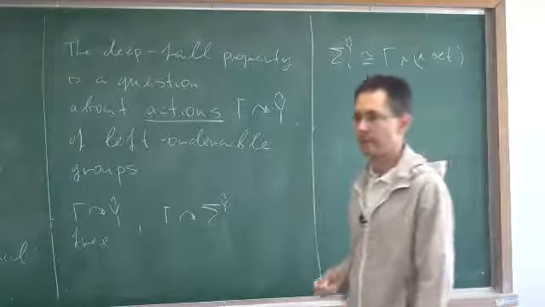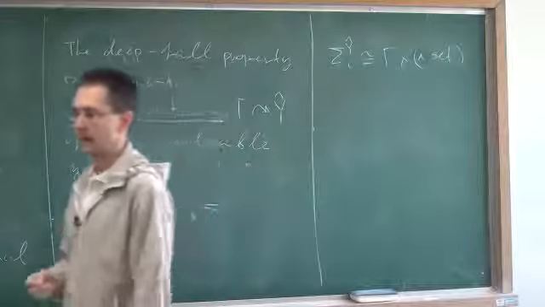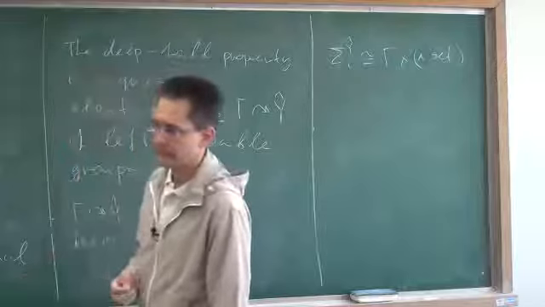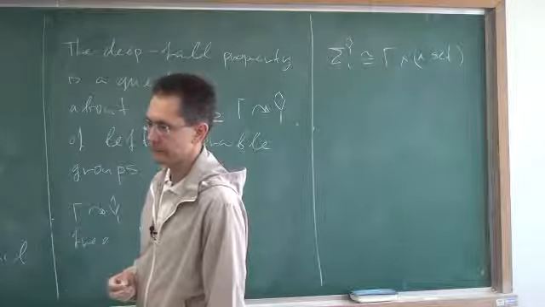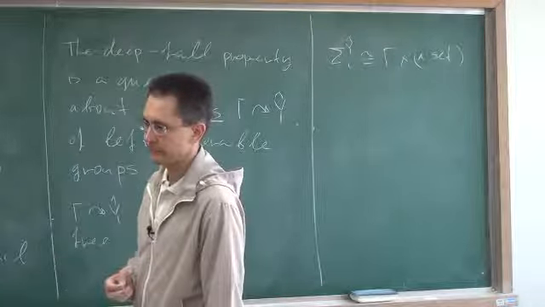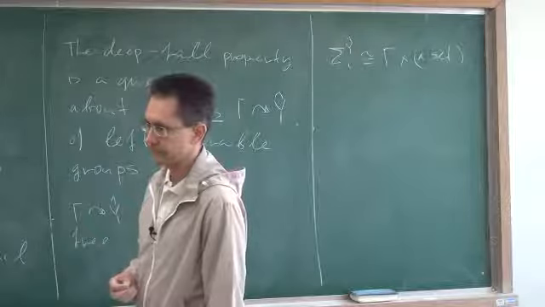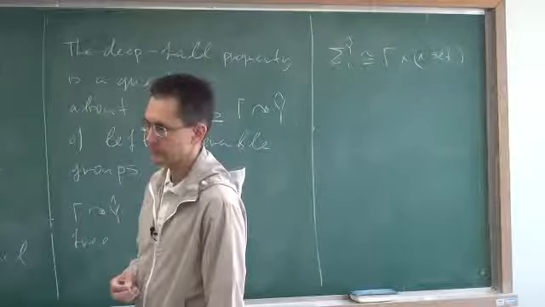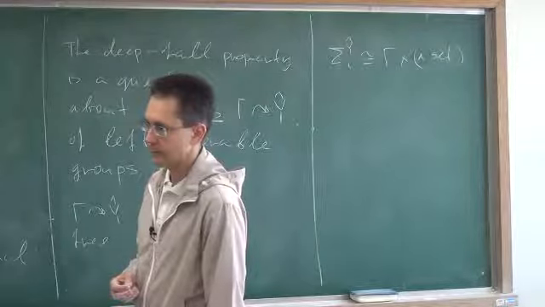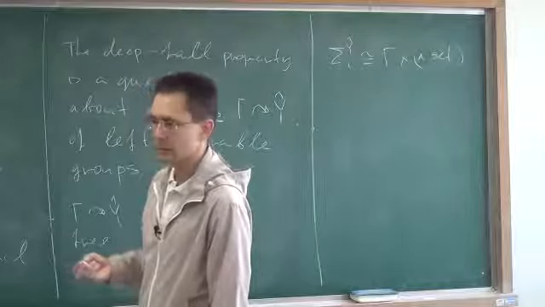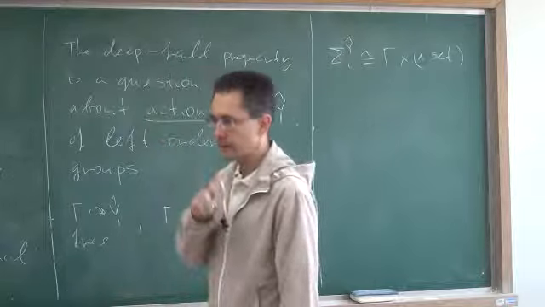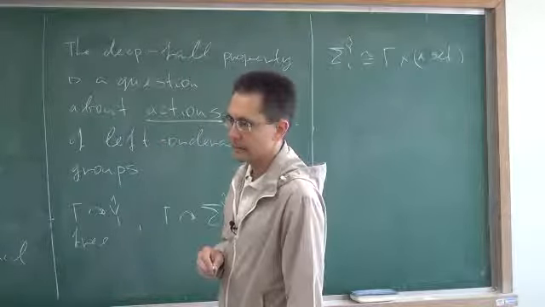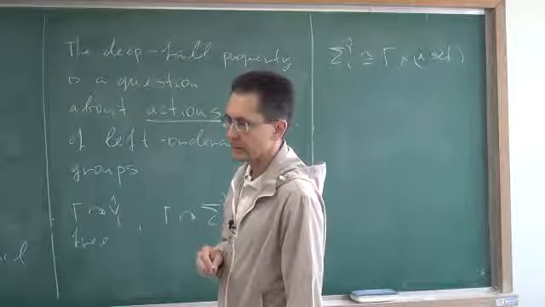Fundamental domain. This I cell with that deep-fall property, if you don't assume compact action, then after moding out, I mean, where do you use I cell with the deep-fall property?